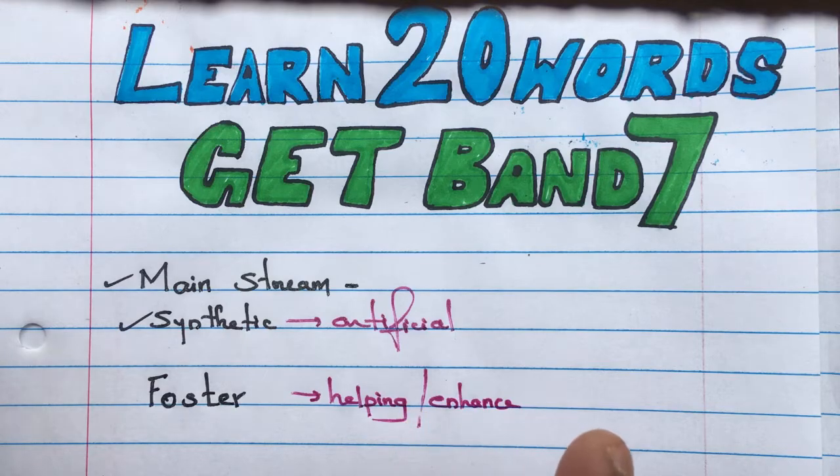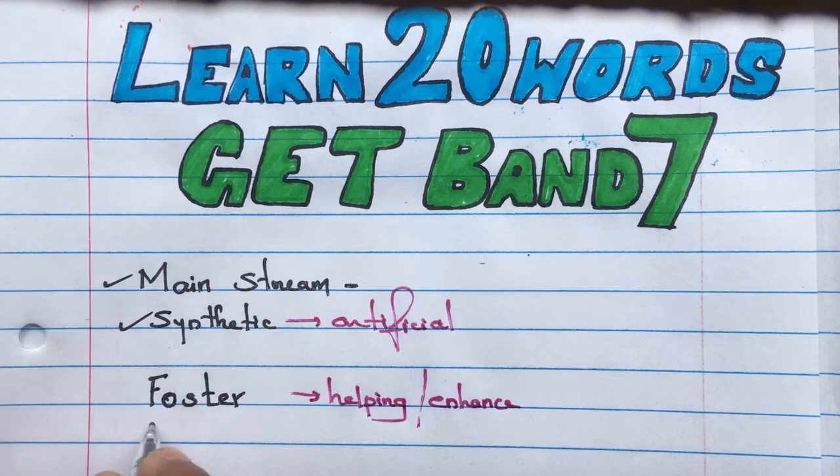So this is very good vocabulary. In order to help someone you could say foster someone. To enhance the skills you could say to foster the skills, okay? So this is the best vocabulary. Just learn this vocabulary, understand it and write it in your IELTS essays, okay?